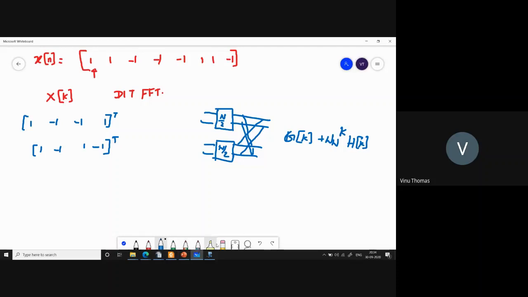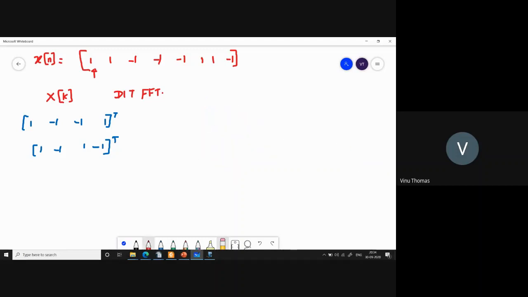The 4-point DFTs are easily done by representing this as a matrix. You can write G of 0, G of 1, G of 2, and G of 3. This is my 4-point DFT, the DFT of the even sequence.